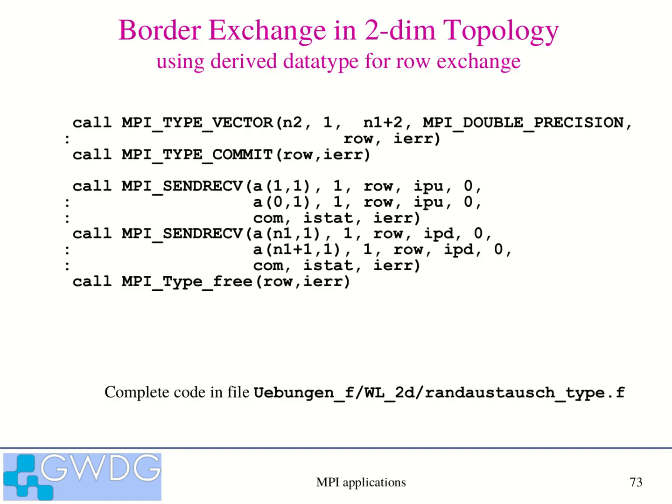So these are the elements used for doing all this in a two-dimensional grid of processes.